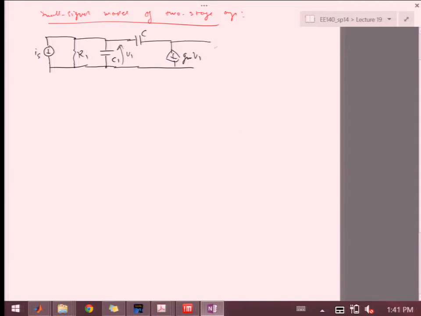And then we'll have C2 and then R2. C2 is, again, the capacitive load at the collector, and the R2 is the resistive load at the collector, or the output stage. And we get VO over here.